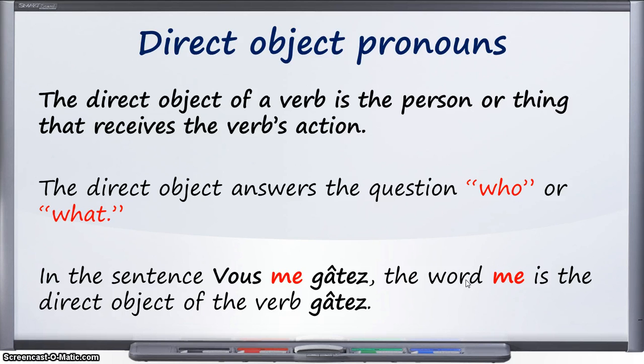You're spoiling me. That's why it goes right here. It represents what we call the direct object. And here it is a direct object pronoun because it replaces a noun, right? And as we have seen before in French, the direct object usually goes before the verb.